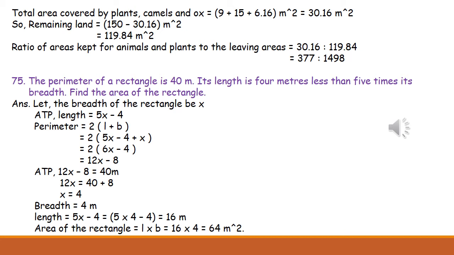So 12x minus 8 is equal to 40 meter. So 12x is equal to 40 plus 8. So x, if we reduce, we are getting 4 meter. So breadth is 4 meter. Length will be 5x minus 4. So 5 into 4 minus 4, that is 16 meter. Area of rectangle is equal to L into B, that is 16 into 4, that is 64 meter square.